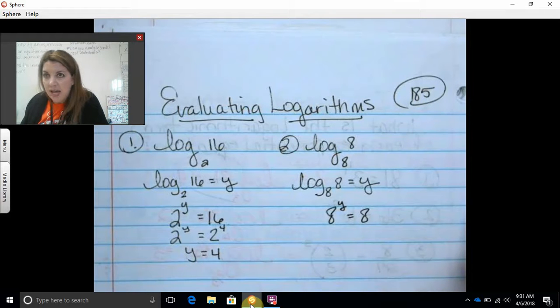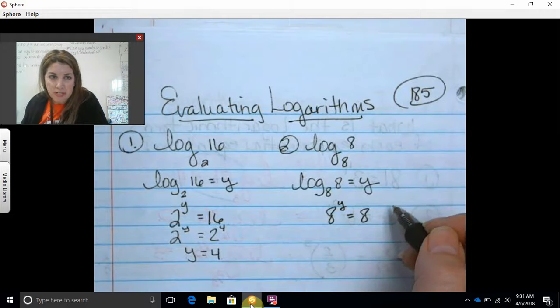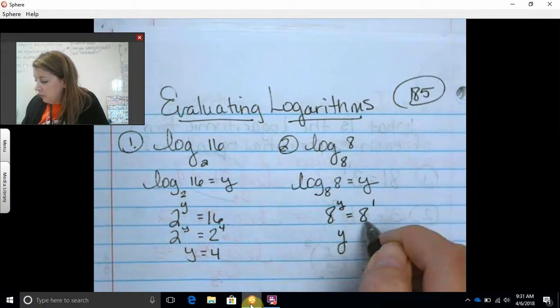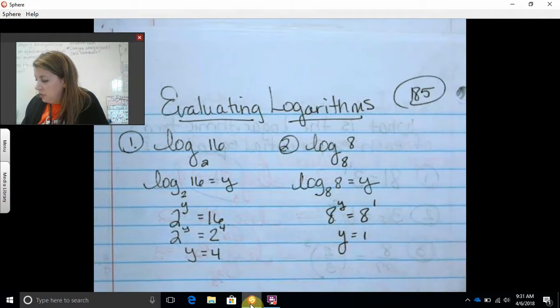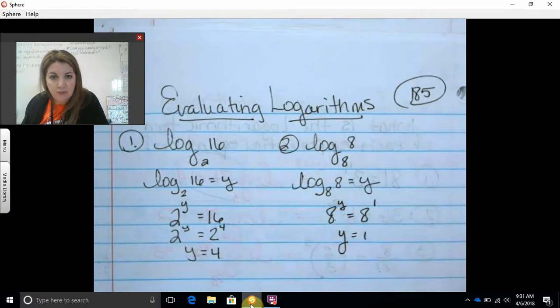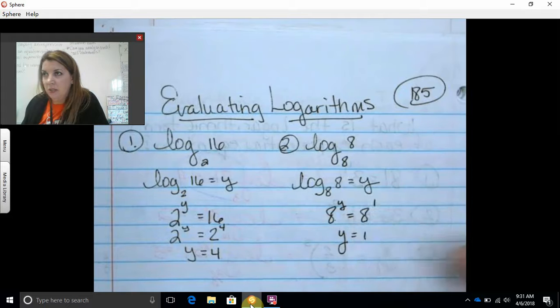If they already have the same base, there's no need to change it, although I could give them both a base of 2 cubed, but they're the same, so I don't need to. So what is this 8's exponent? 1. So if my bases are equal, then my exponents must be equal. So that means 8 raised to the first power equals 8, and that's true. Anytime you're taking the log of a number that has the same base, it's always going to be 1.